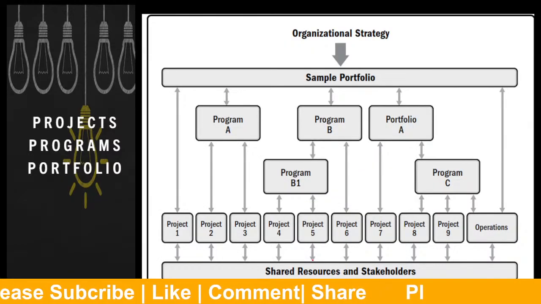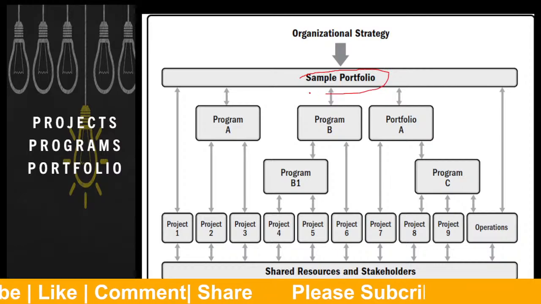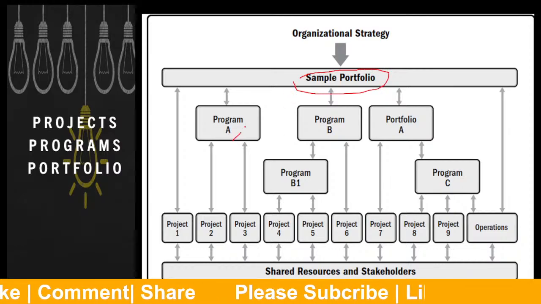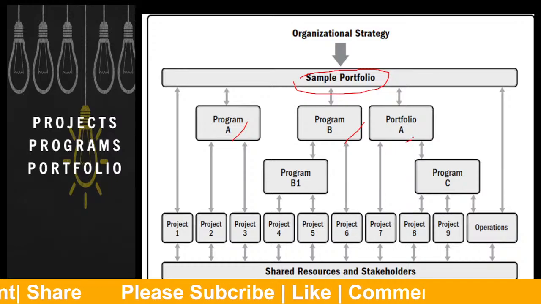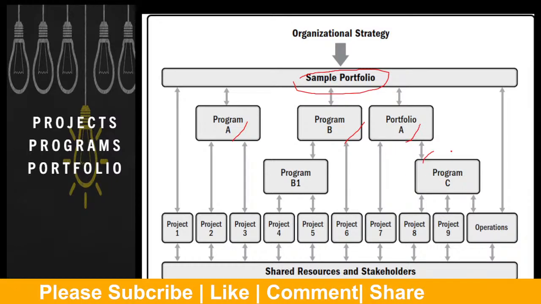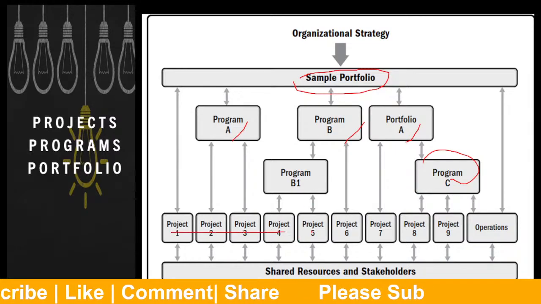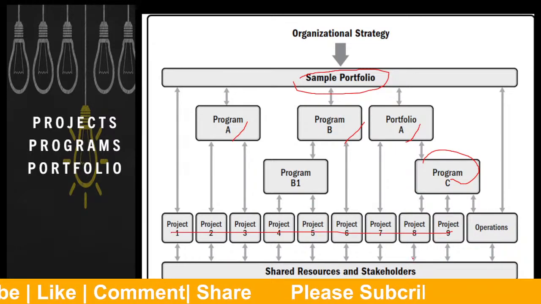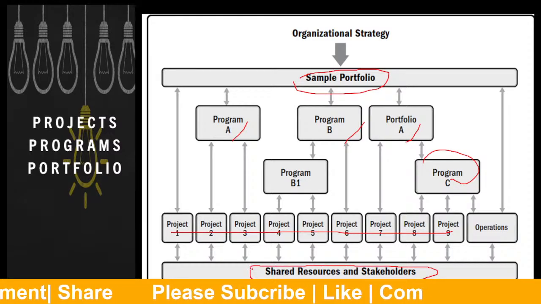So this is a sample portfolio. It contains program A, program B, and another portfolio divided into program C, right? So then we have a series of projects, but they use the same resources and stakeholders.